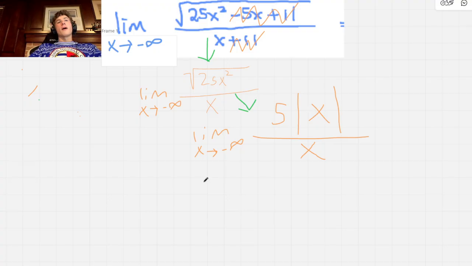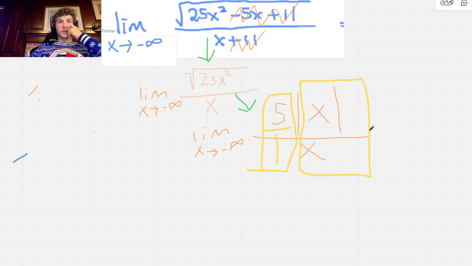Now, as we continue on with this problem, one of the cool things we can do: this 5 right here is almost like a 5 over 1, and there's this separate absolute value of x over x.